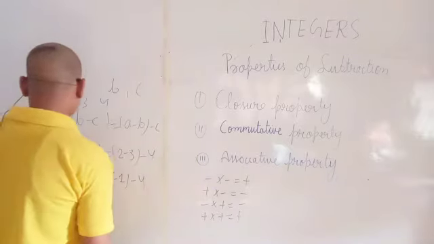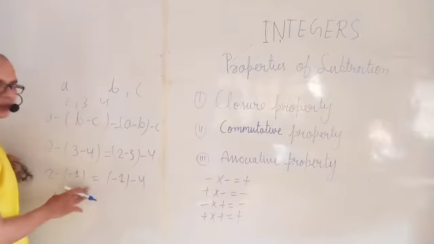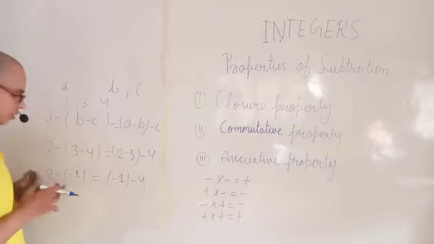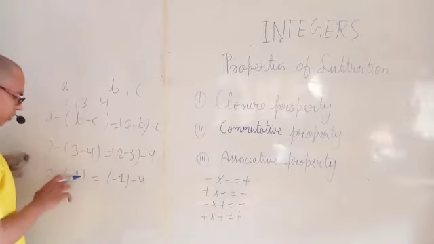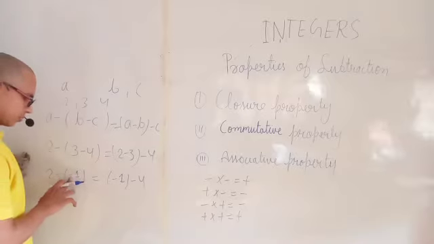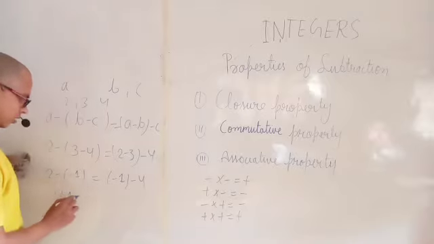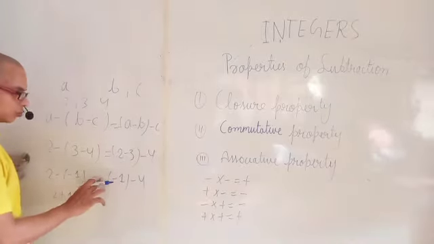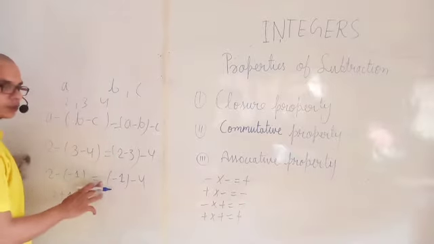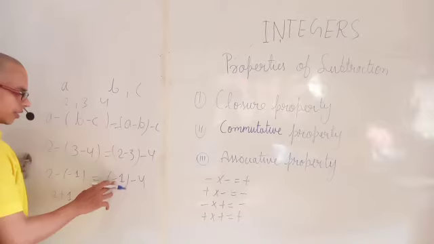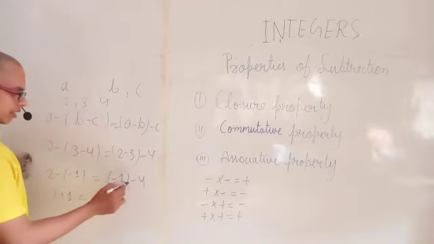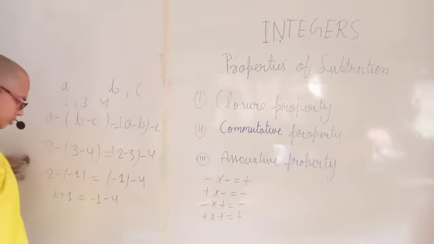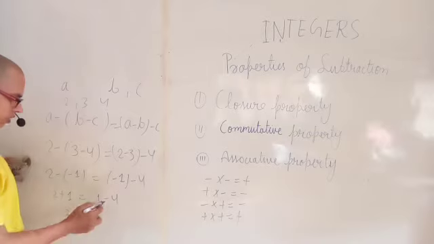If we have a bracket, the bracket means multiplication. We have two signs, so we reduce them to one sign: minus minus gives plus, so we have plus 1. Where there is no sign, we take a plus sign. Plus minus gives minus, and so on, and we get 3 on one side, but on the other side we get 5.